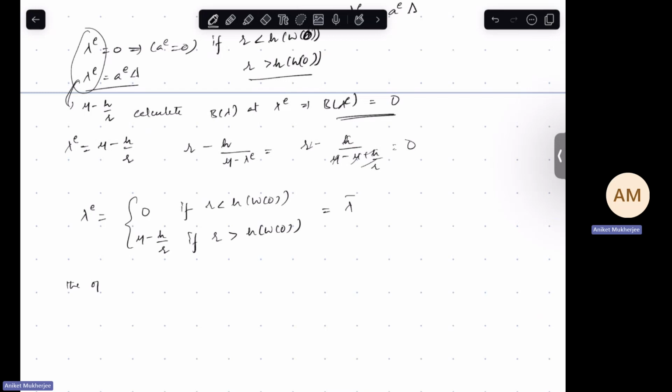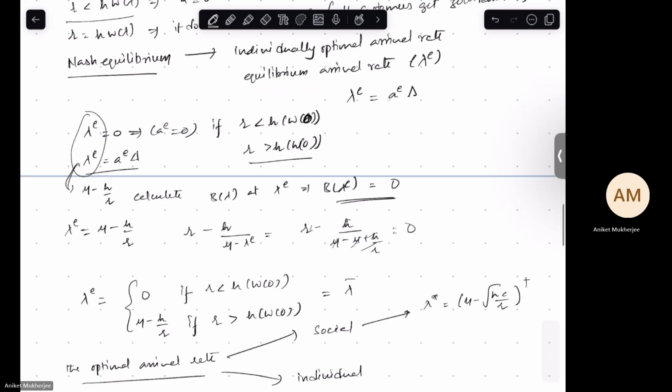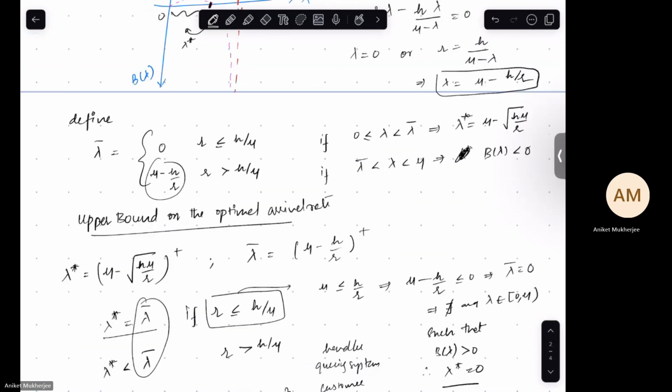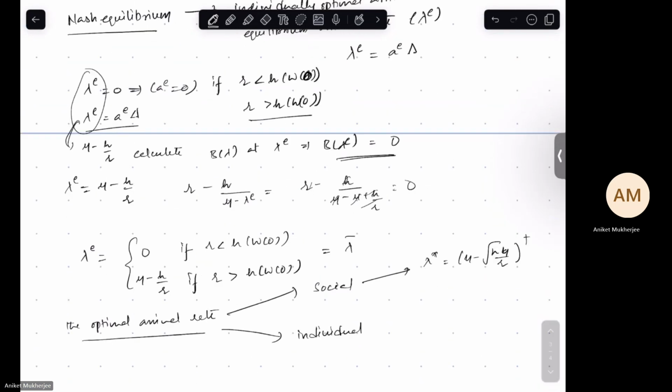So the optimal arrival rate has two decision makers, one social and one individual. The social lambda star equals mu minus root(h mu by r). Individual is lambda hat, which is mu minus h by r.